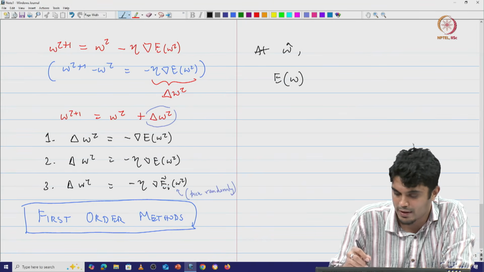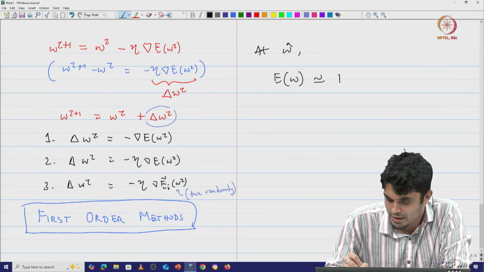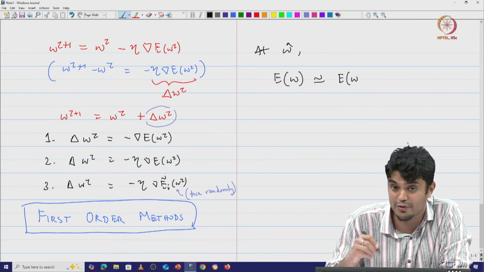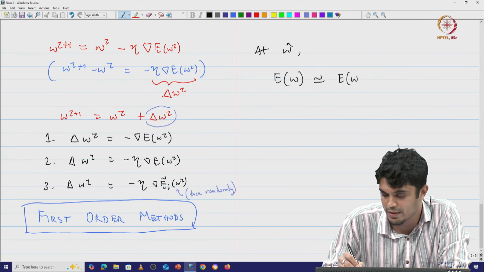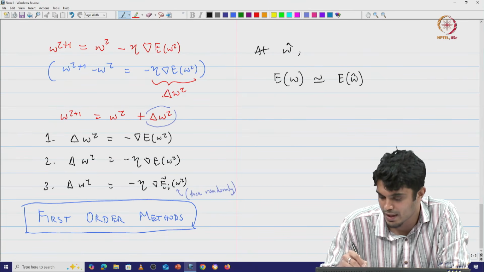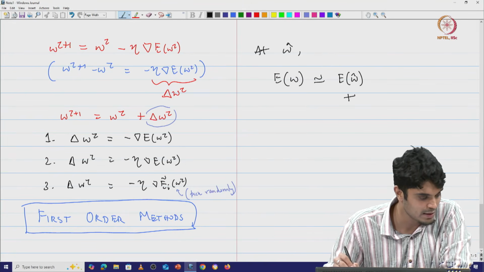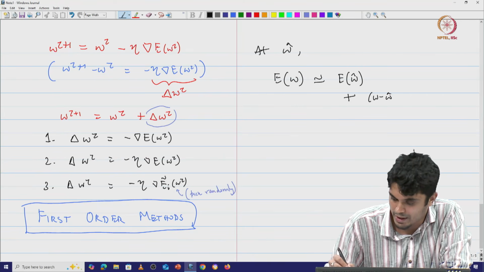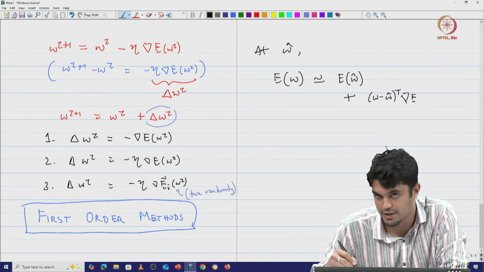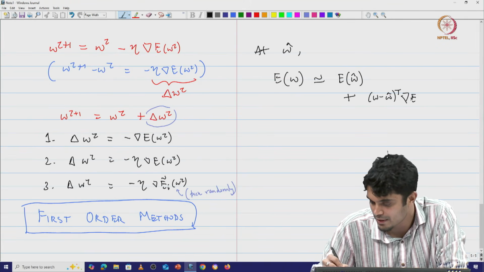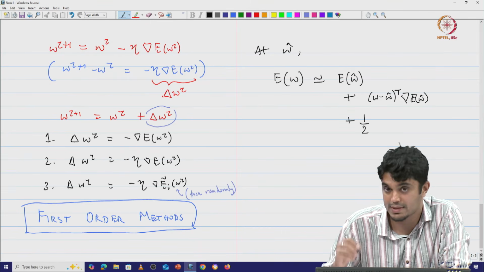So, what is the second order Taylor series approximation? If you recall, for omega sufficiently close to omega hat, we have this equation holding true: E of omega is equal to E of omega hat plus omega minus omega hat transpose nabla E, the gradient information, the first order part, plus the second order part.